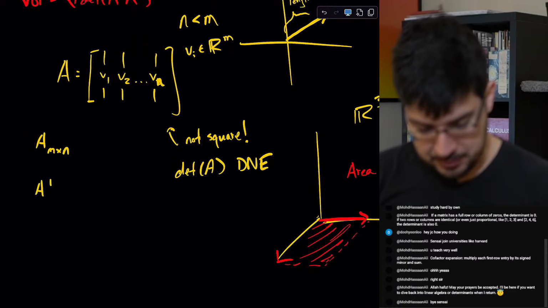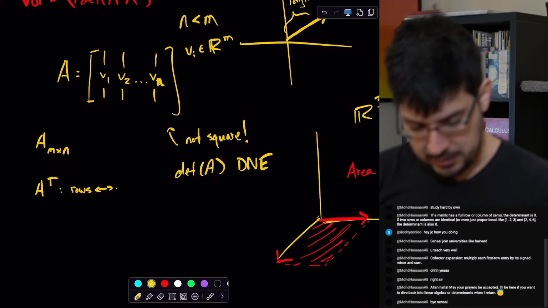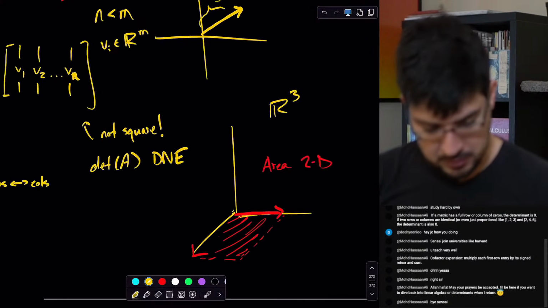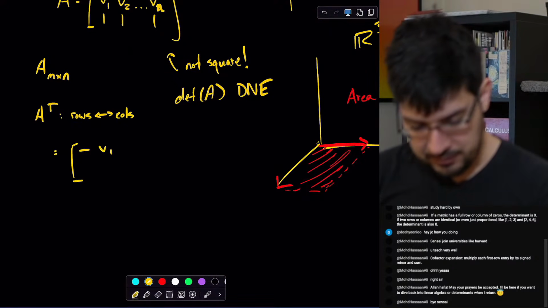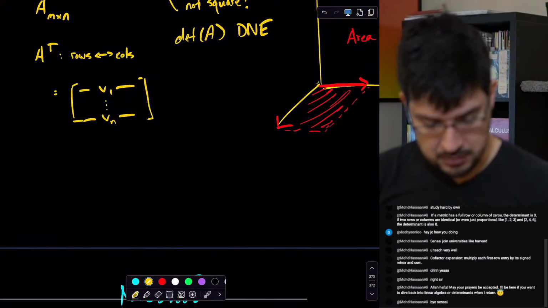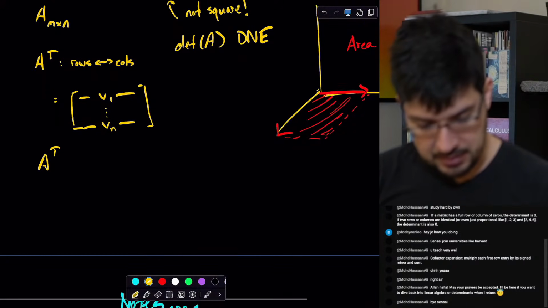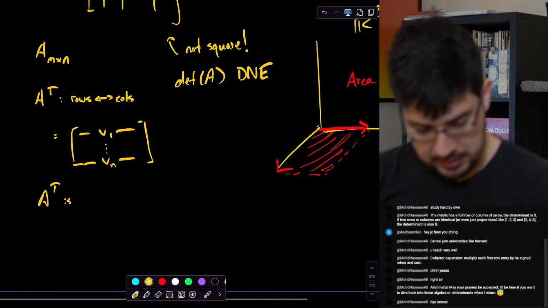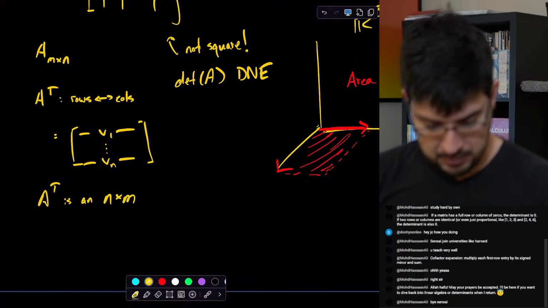And A transpose, rows are interchanged with columns, right? So A transpose would be V1 written as a row up to Vn written as a row. And A transpose then is an n by m matrix.